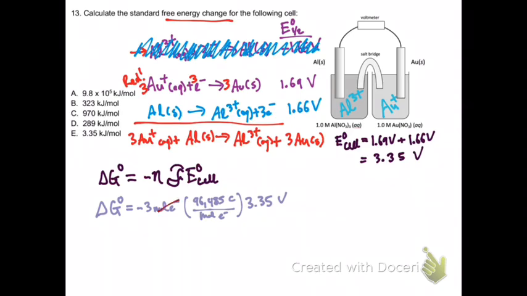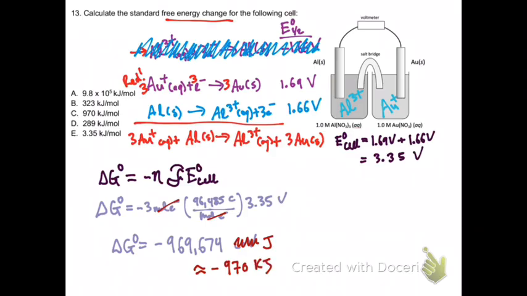Moles of electrons will cancel out. And we'll end up getting delta G standard equals negative 969,674 coulomb volts, which is another way of saying joules. So this is equal to about negative 970 kilojoules.